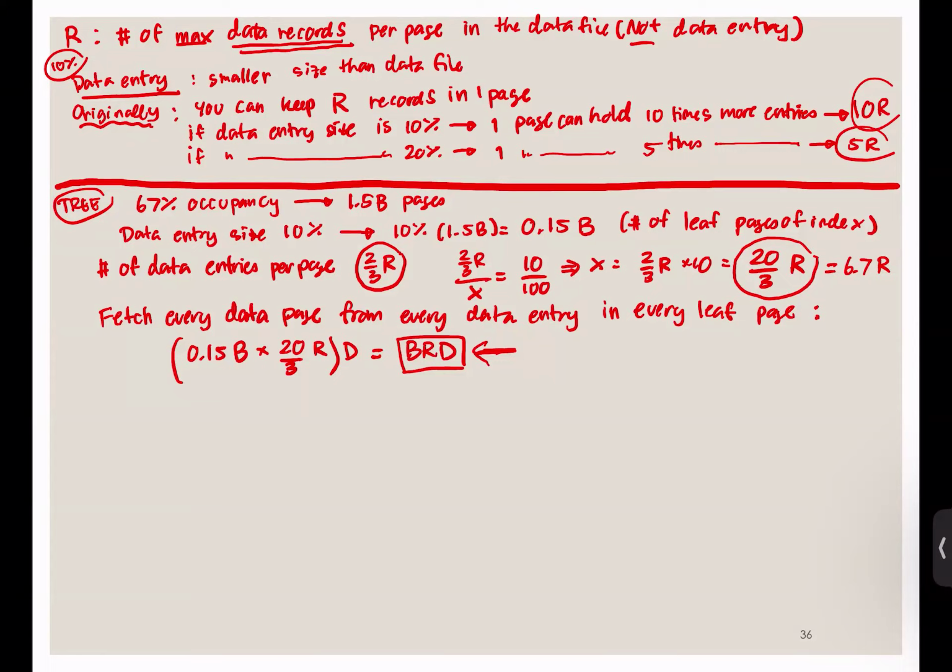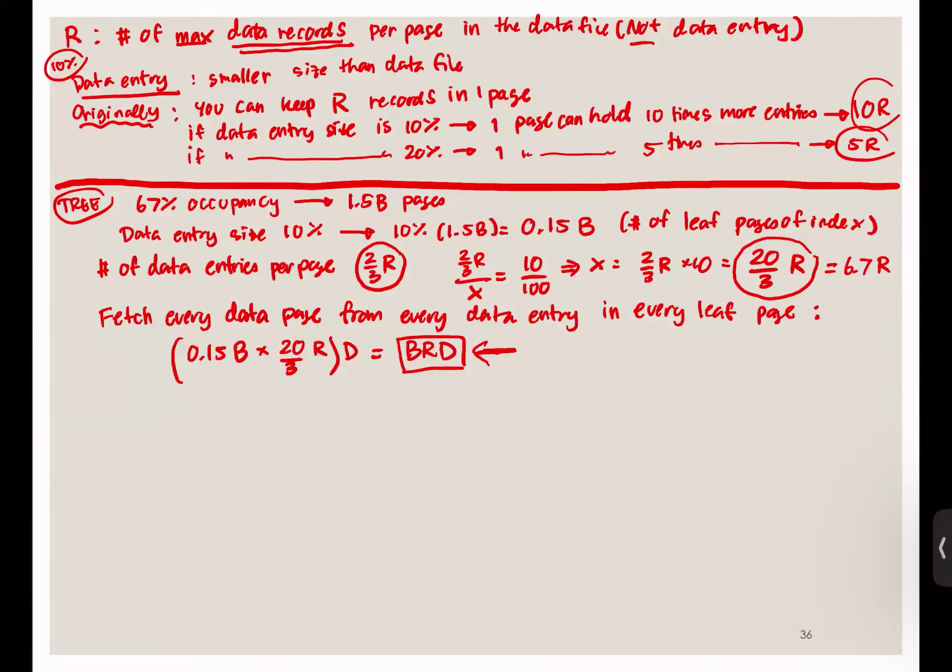But for unclustered, one index entry could point to page 7, the next index entry could point to page 1, the next one could point to page 20, the other one could point to page 25, whatever. So even though the items are in the same index page, since it's sorted there, it has different ordering in terms of data page. That's why one entry means one page read, one entry, one page read. That's very expensive.